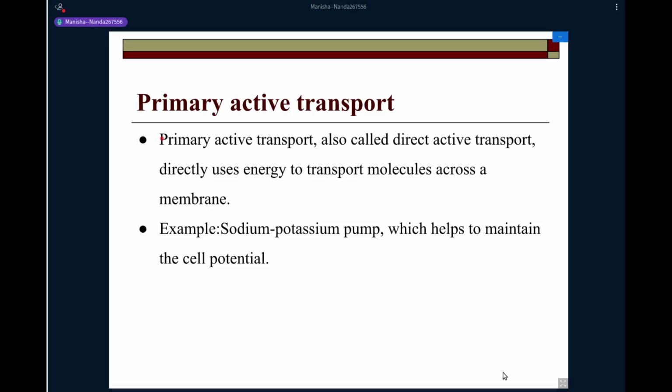Now, if we talk of primary active transport, it is also called direct active transport, as it directly transports molecules across a membrane.